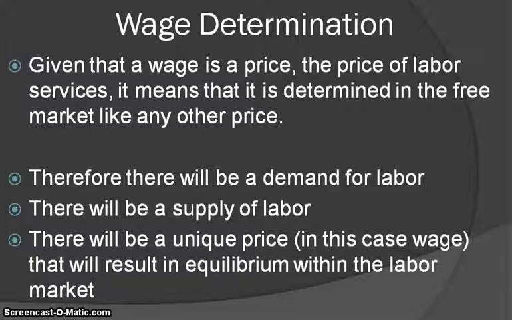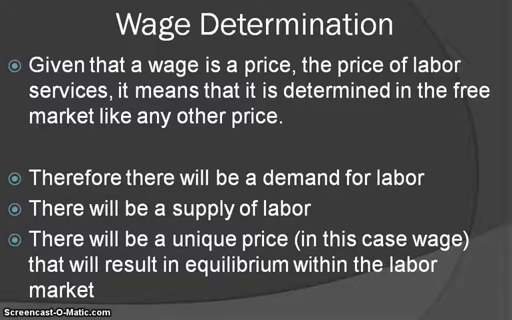Therefore, now that we have understood what the real wage is, how are wages actually determined? Wage is a price. It is a price that is paid to labor services. And given that wage is a price, it means that it is going to be determined in the free market like any other price in economics.